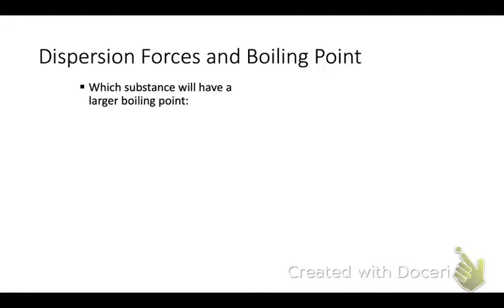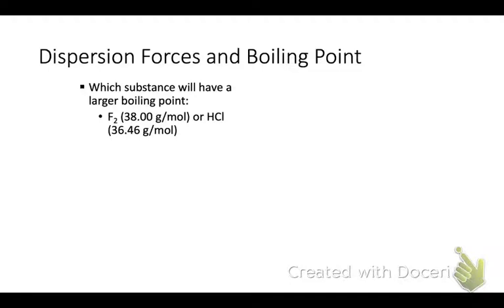All right, which substance will have the larger boiling point, fluorine or hydrogen chloride? Now pay attention, they have comparable molar mass. So I can tell you that dispersion forces are the same. So now you're comparing what? You're comparing the major intermolecular force. For the fluorine molecule, it's London dispersion forces, it's nonpolar.